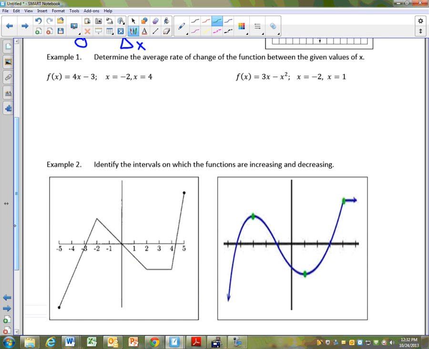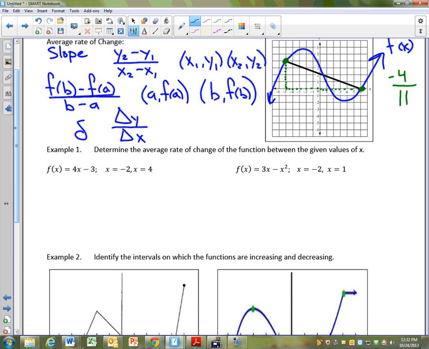So let's do it algebraically. Just for an example, we could have chosen any points and found the average rate of change.